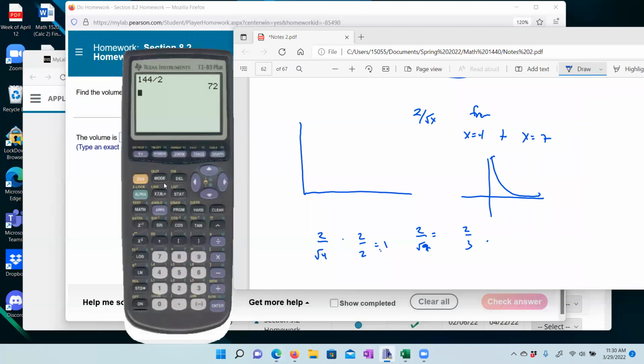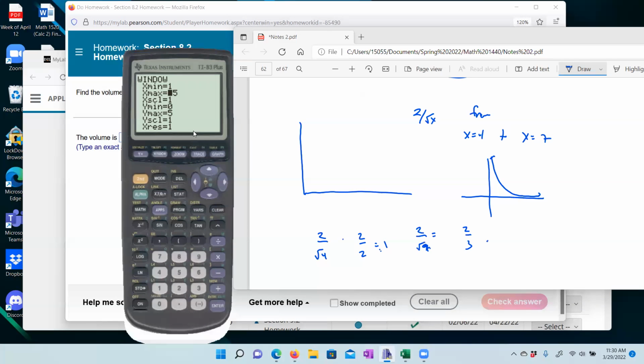So when I go ahead and say I'd like to graph this, we clear y. I'm going to say 2 divided by the square root of x. And what's our window going to look like? We don't want negatives because it's not going to appear. We started from 4, so we can make our minimum value, how about we go, well, it's not going to like 0, we'll go from 1.